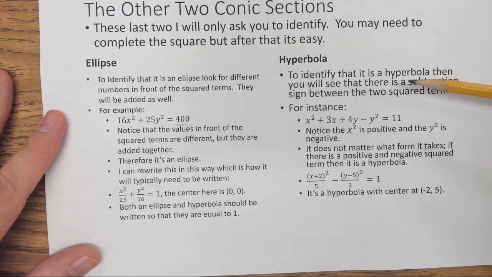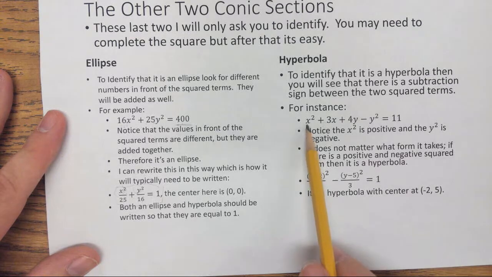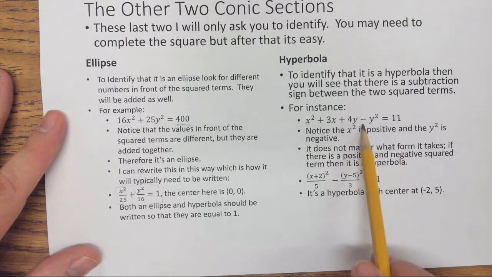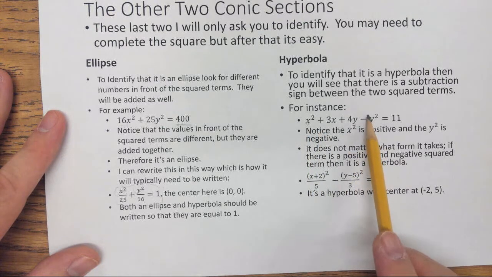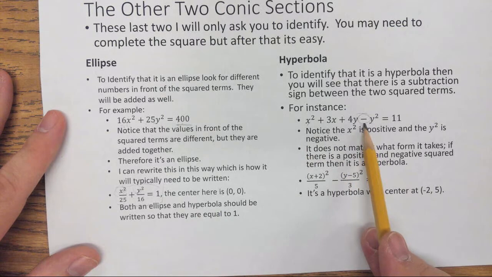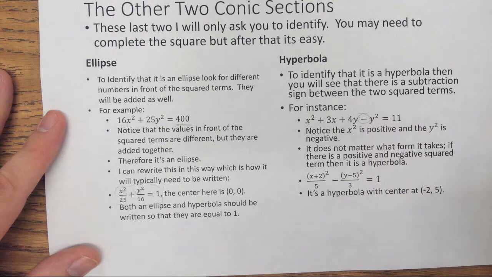Alright, last thing. Identify that it is a hyperbola: you will see that there is a subtraction sign between the two squared terms. So here's an x squared, here's a negative y squared, that's negative. As soon as I see that negative with one of these two squared terms, doesn't matter if it's x squared or y squared, I know absolutely, without a doubt, that it is a hyperbola.